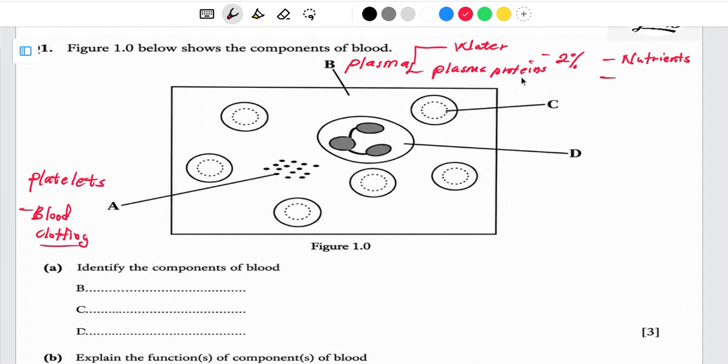The hormones are also transported in plasma by binding to plasma proteins like albumin. I can give albumin as an example of a plasma protein. Those hormones, like thyroxine hormone, bind to albumin in small amounts for transportation. So, transportation of waste materials.